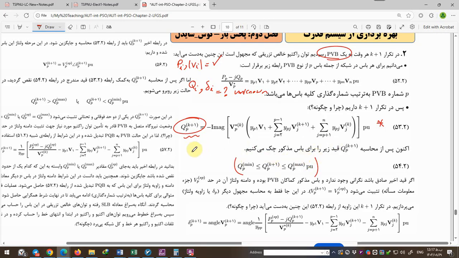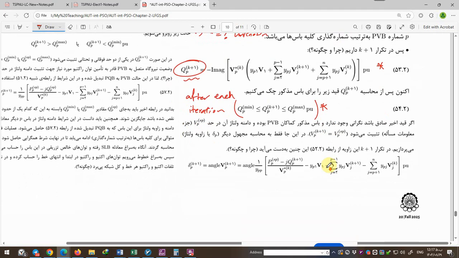After each iteration, we have to check this limitation, and for finding the angle of voltage in the new iteration, we have to find the angle of these parameters.